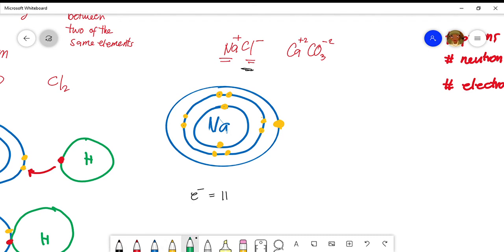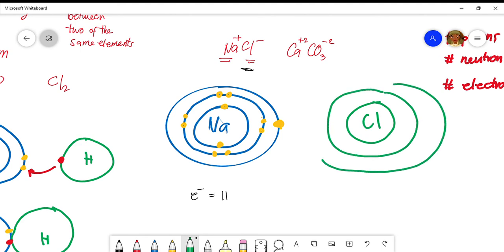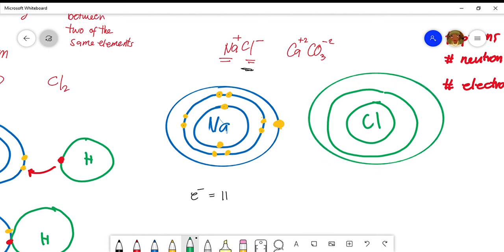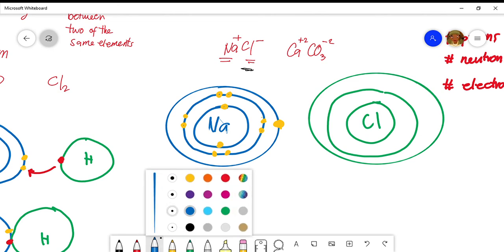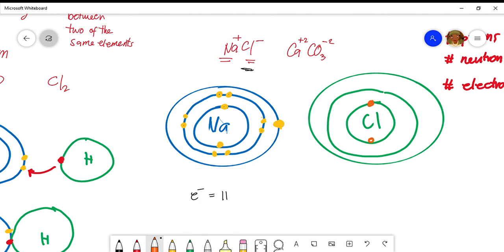And when we have the Cl part, let's use another color. The chlorine has 17 electrons. So it requires 3 energy levels as well. Let's use orange. The first energy level can carry 2. The second energy level can carry 8.